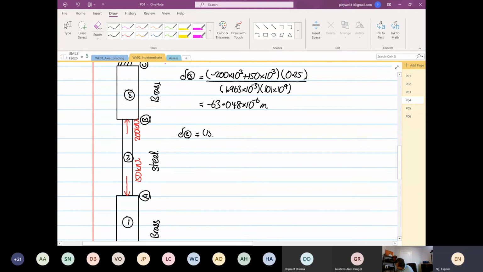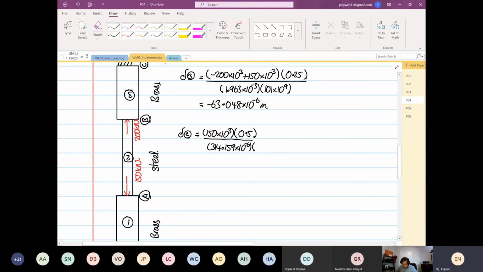So 150 times 10 to the power 3 multiplied by the length, 0.5, divided by the area, 314.159 times 10 to the power minus 6.